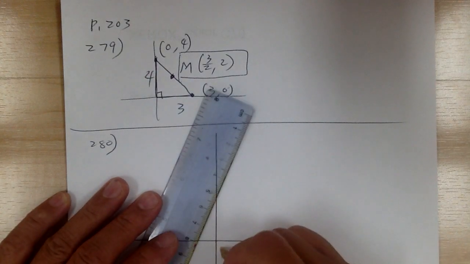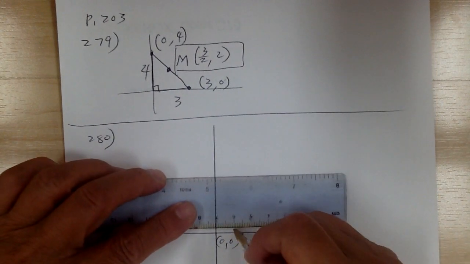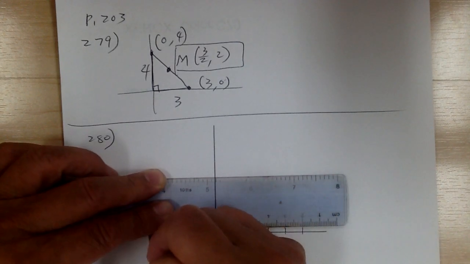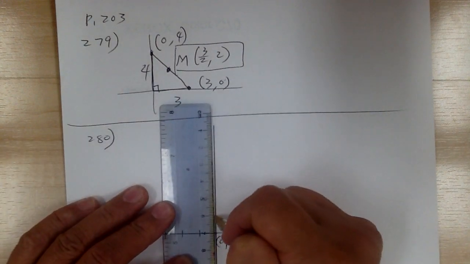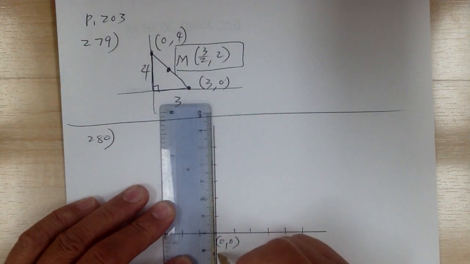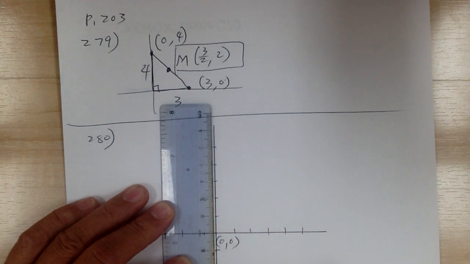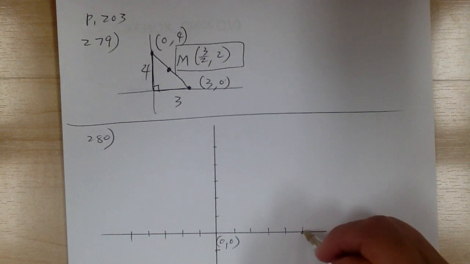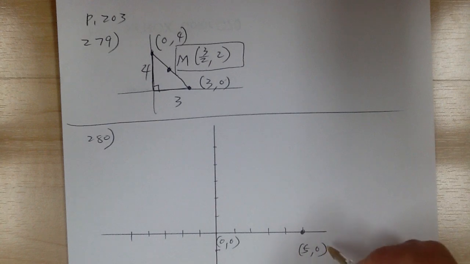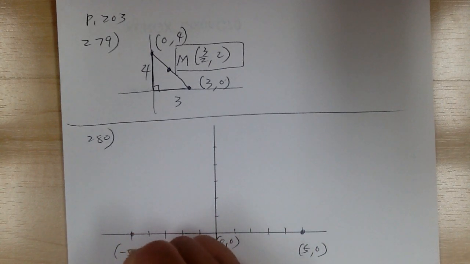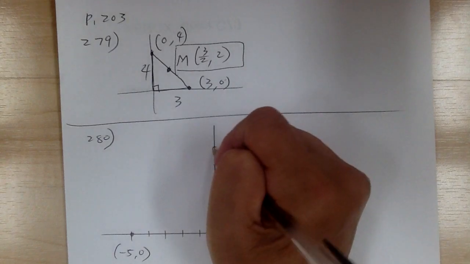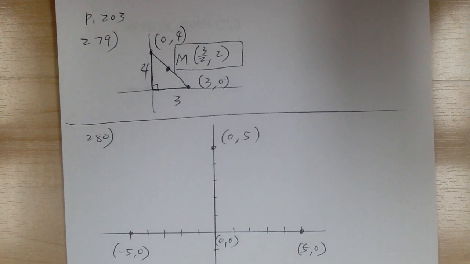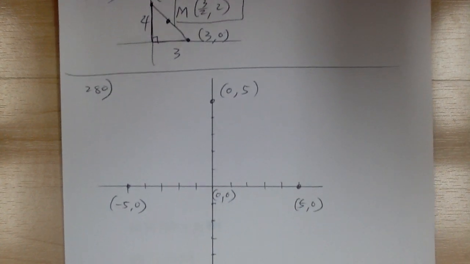So here is 0, 0, and 5 units away, obviously the first point is right over here, 5, 0, right? And another point over here would be negative 5, 0. And the same thing, you go up 5, so it would be 0, 5, and 0, negative 5. Those are obvious ones. But you have to remember your 3, 4, 5 triangle.